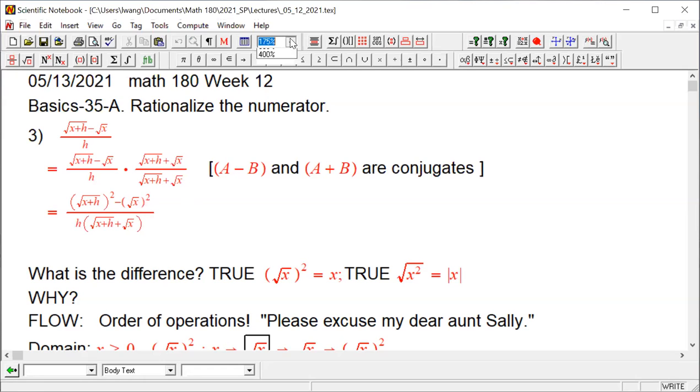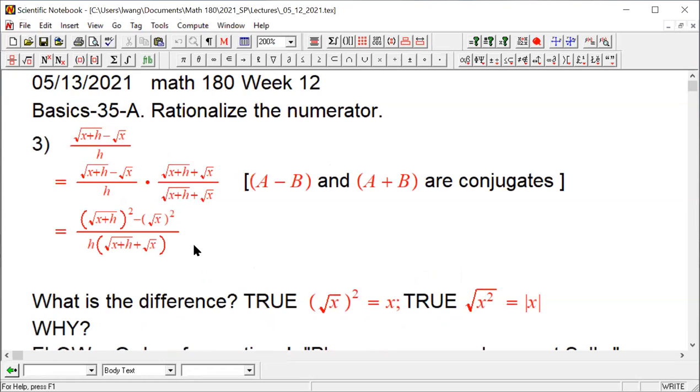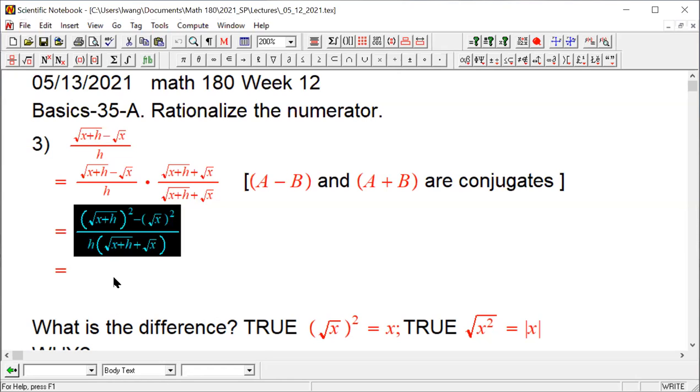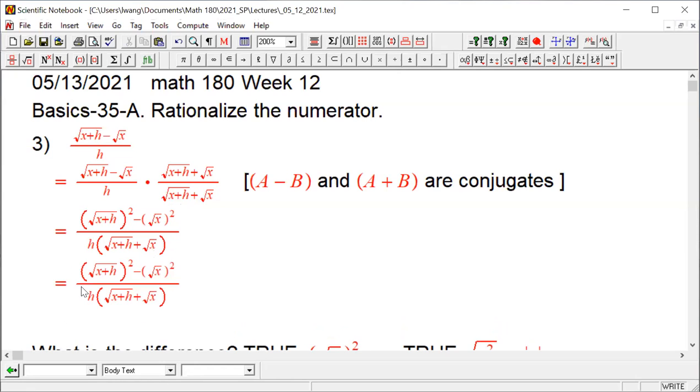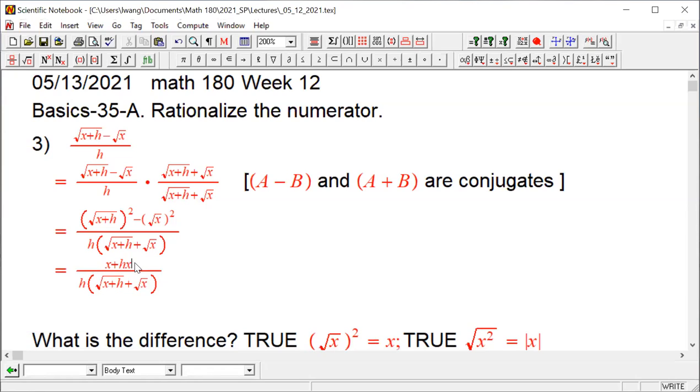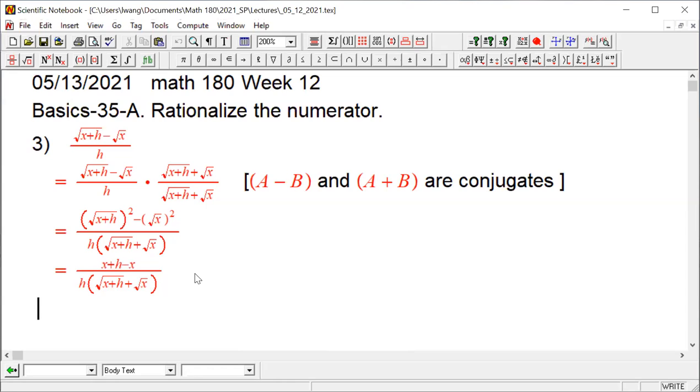Okay, so let me make it a little bit larger so you can see better. Almost there. So you have x plus h minus x. So in the end, you're going to have that reduced form.